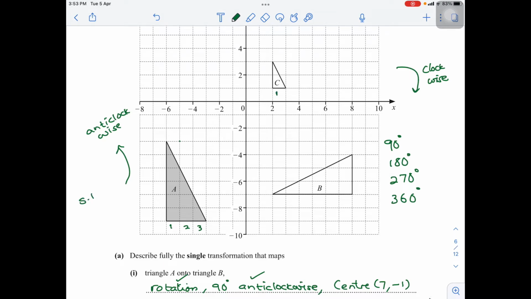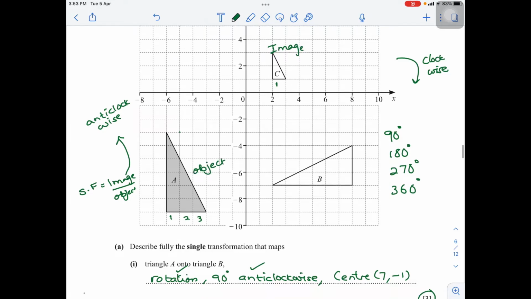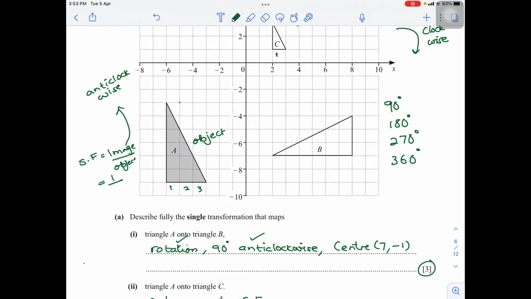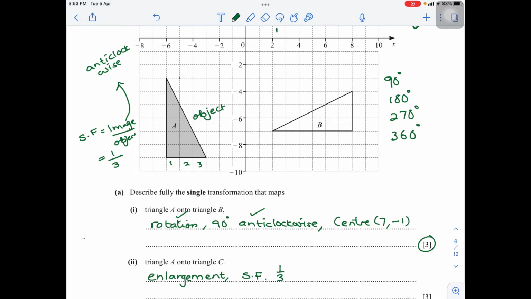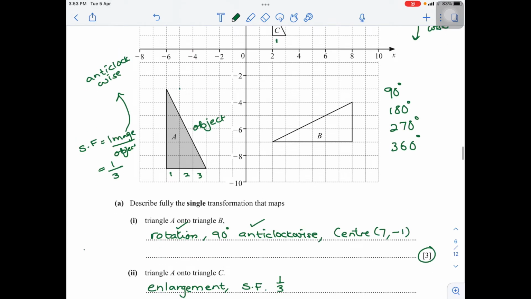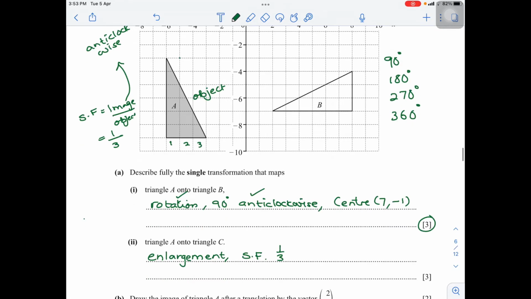So I'm writing scale factor is image over object. Image is 1 box across and object is 3 boxes across. So scale factor is 1/3. Always remember, if the object becomes smaller, the scale factor will be less than 1. If the object becomes larger, then the scale factor will be more than 1.